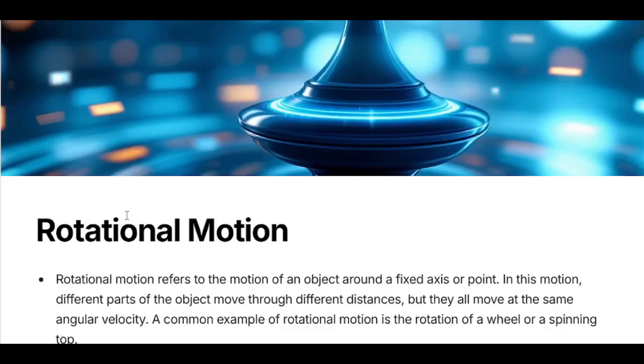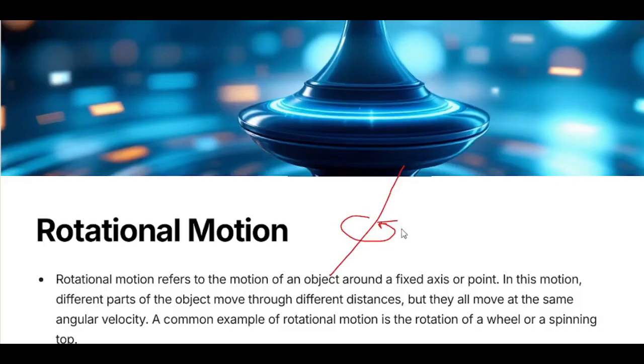Rotational motion is motion around a fixed point. Before you say something is rotating, it means you can draw a line, and that particular thing is moving in a circular path around that line. I think around is the better word.